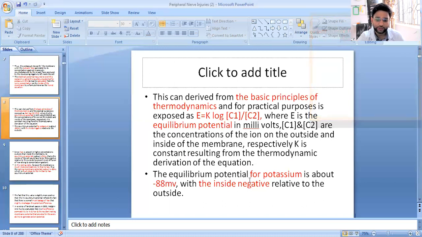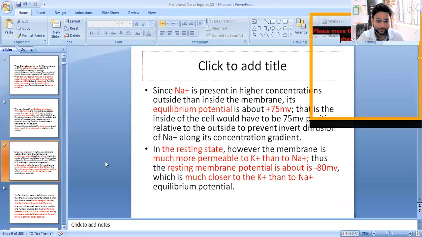The equilibrium potential for potassium is about minus 88 millivolts, with the inside negative relative to the outside. Since sodium is present in higher concentration outside than inside the membrane, its equilibrium potential is about plus 75 millivolts.